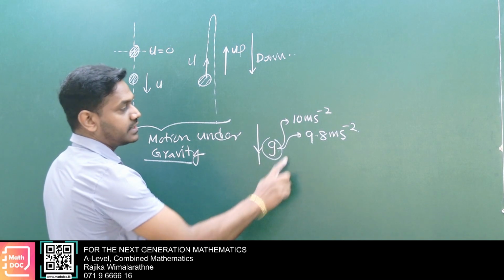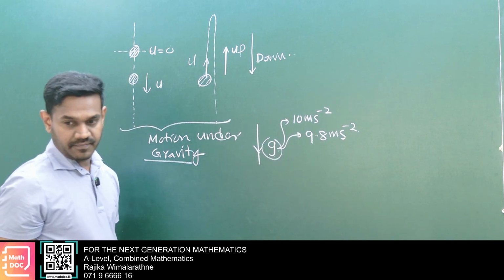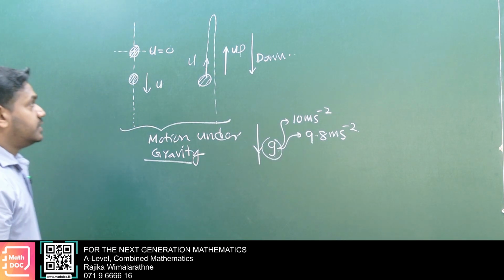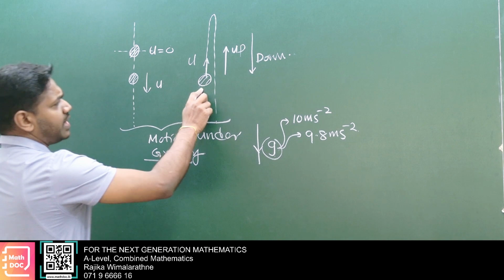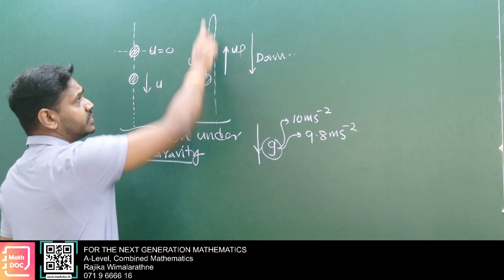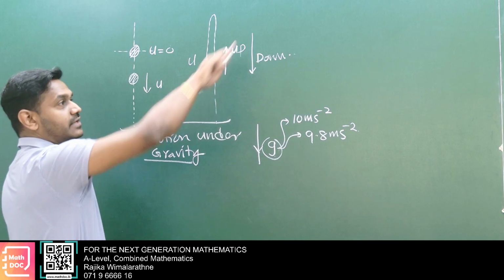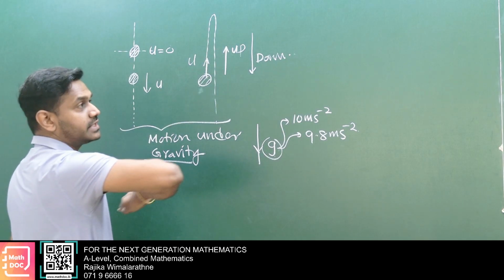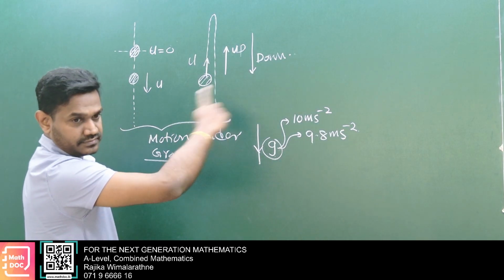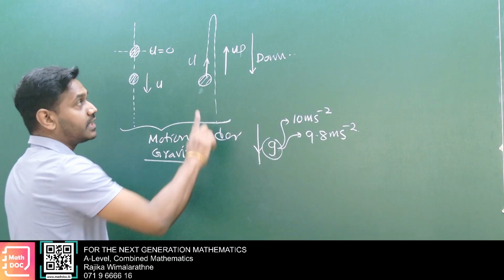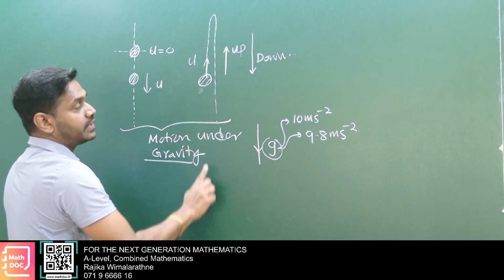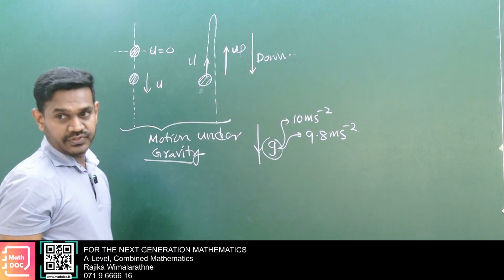When you project a particle upward, that is linear motion under gravity. If you project it with some inclination, we call that projectile motion. Here, vertically upward, it is linear motion.